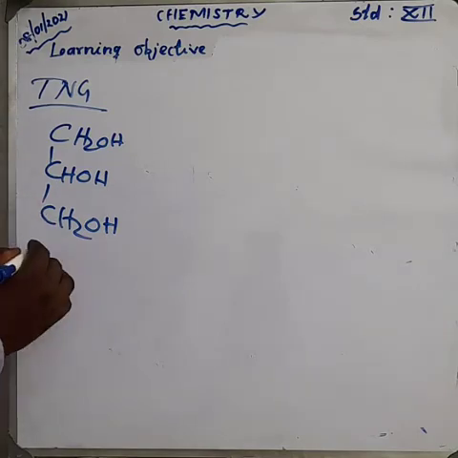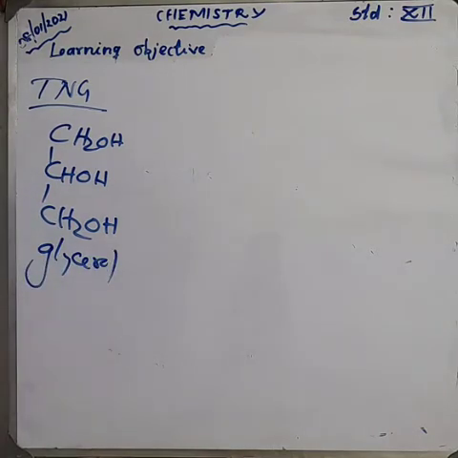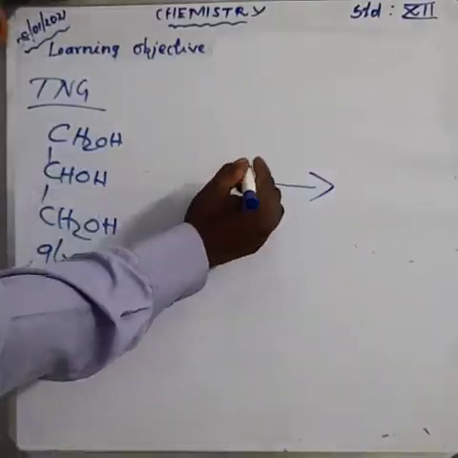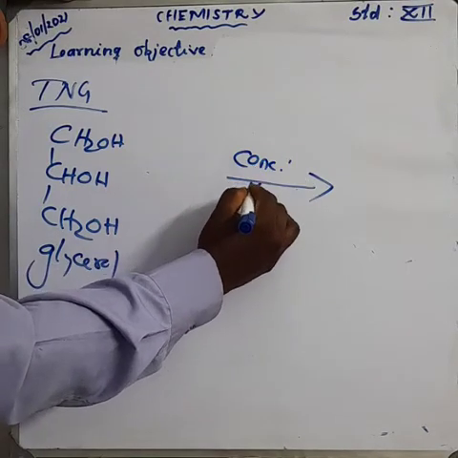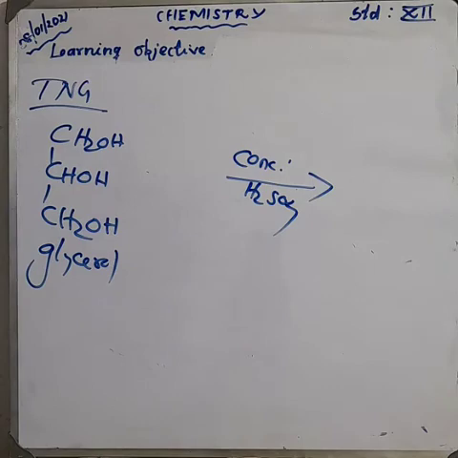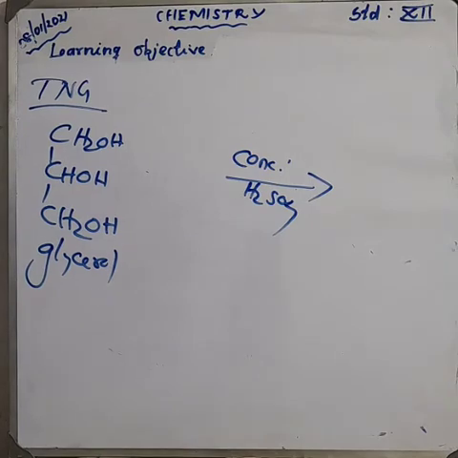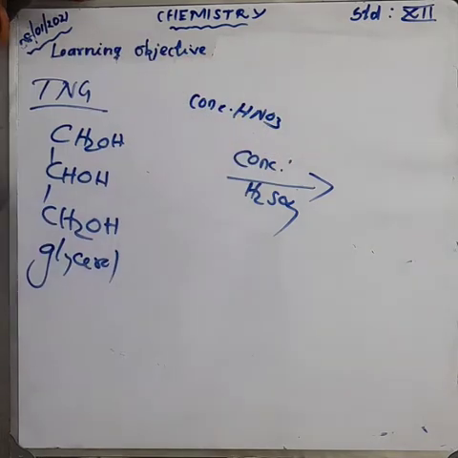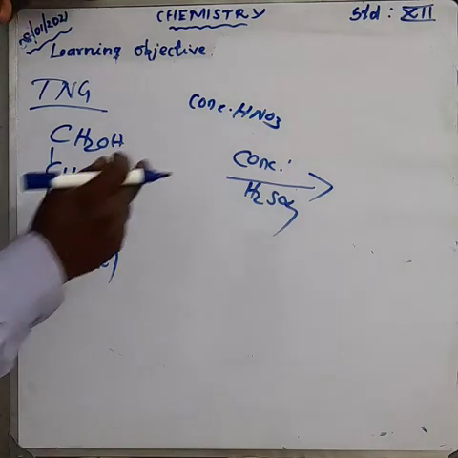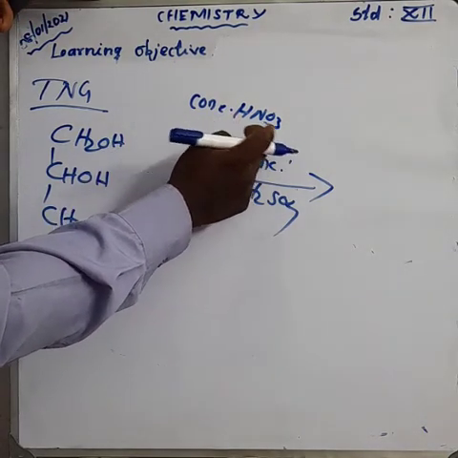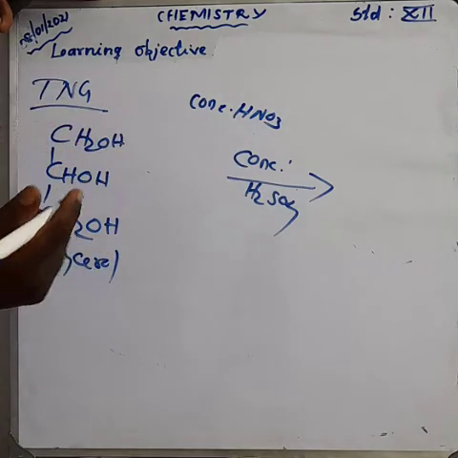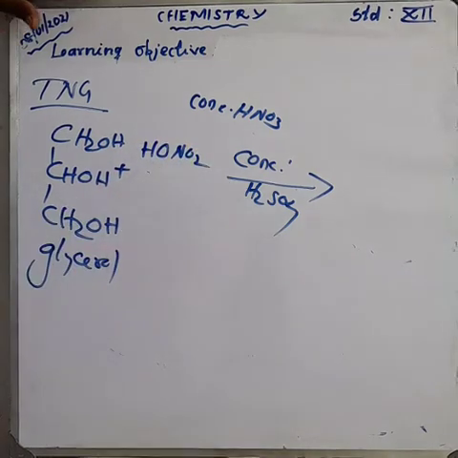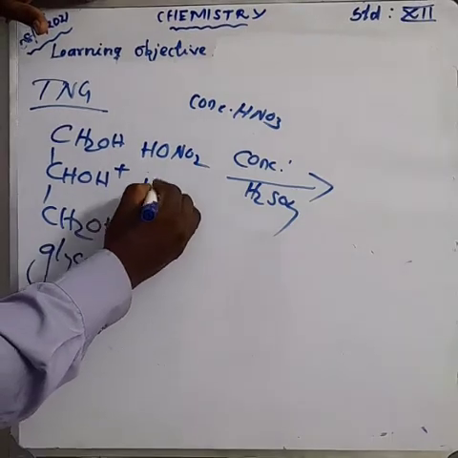Here, glycerol reacts with concentrated nitric acid and also concentrated sulfuric acid. Concentrated nitric acid formula: HNO3, which can be written as HONO2.